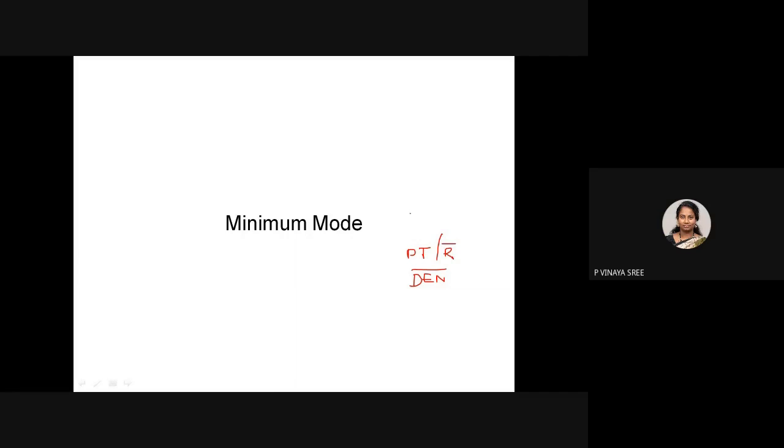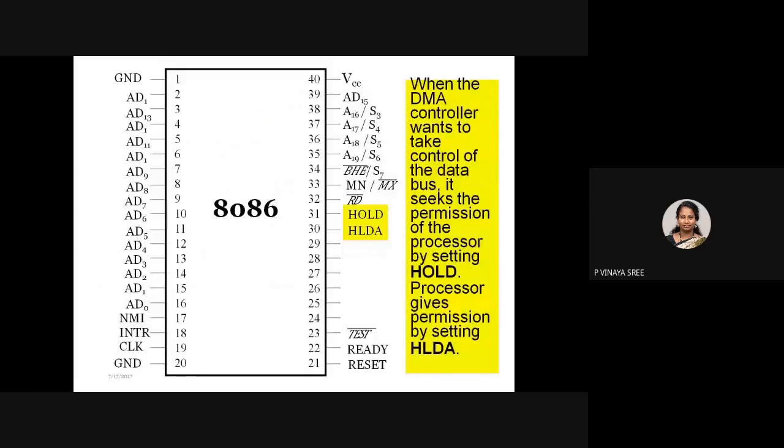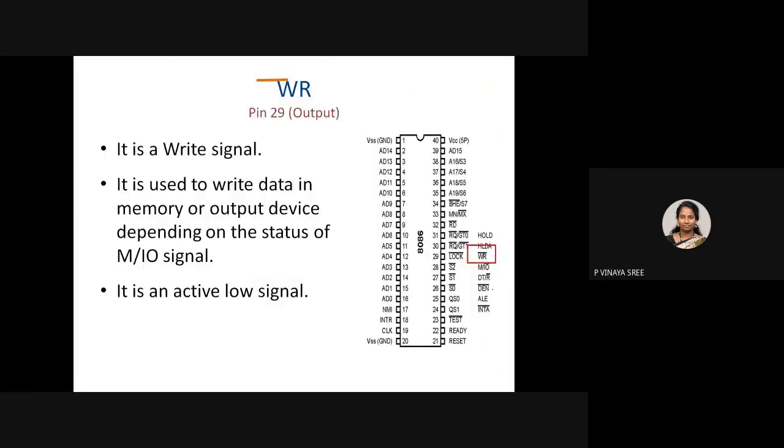Next we have M by IO bar. Next we have WR bar. This is the sequence. See here: DEN bar, DT by R bar, M by IO bar, WR bar.